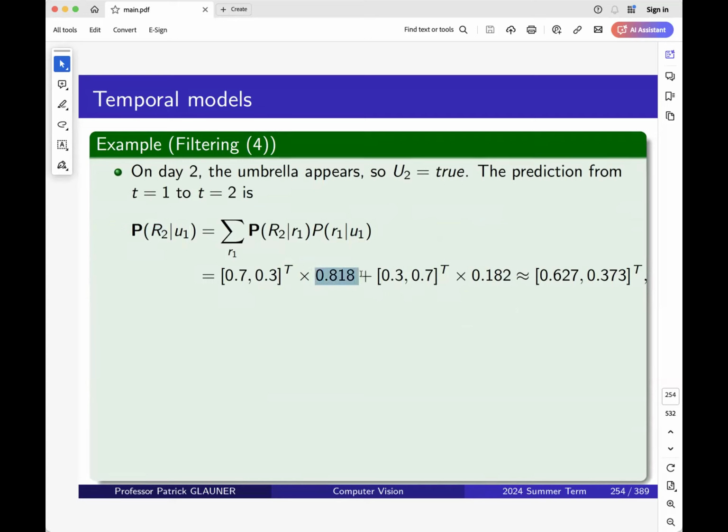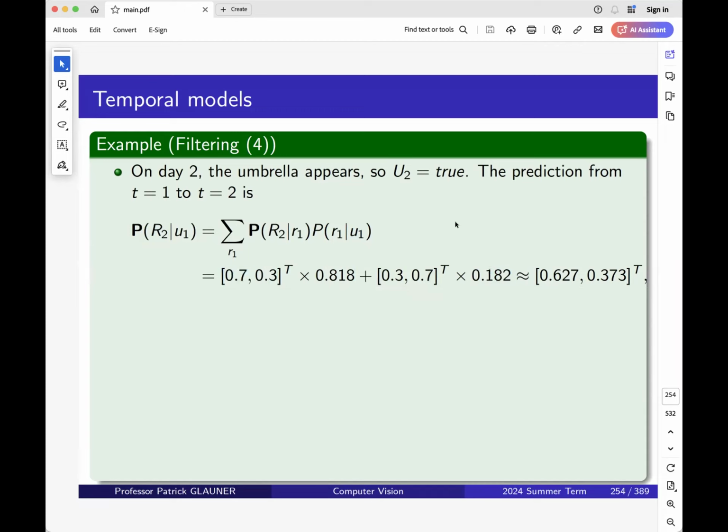And this was the probability of having rain in R1, and this was the evidence of not having rain. Those are the ones we have just calculated, and these transition tables are the same from before.